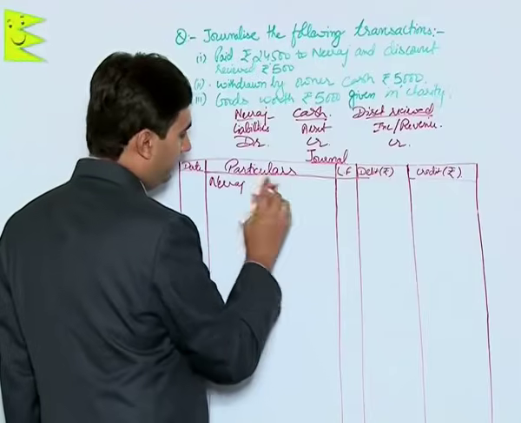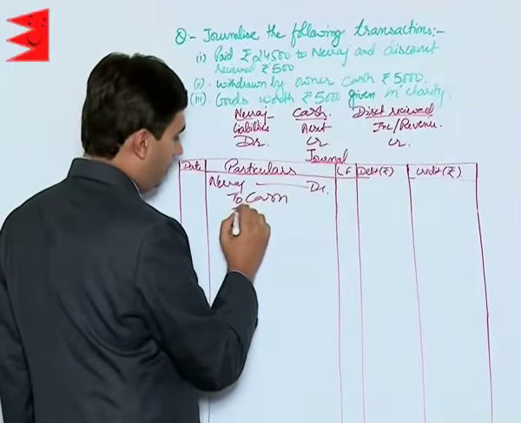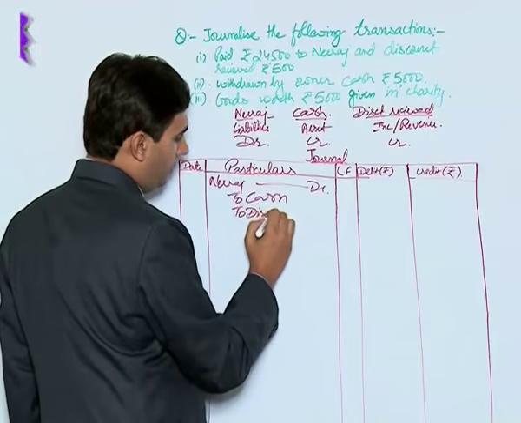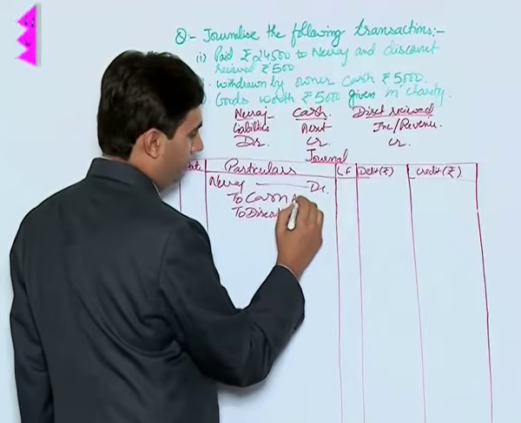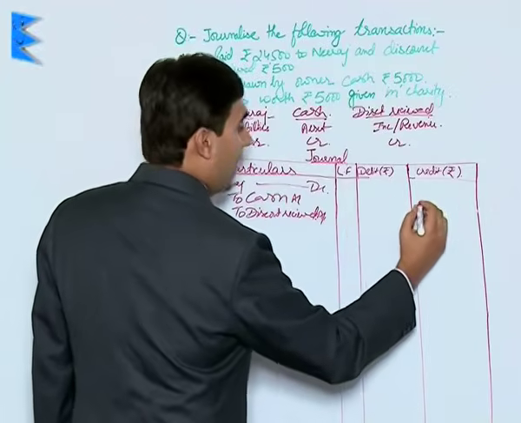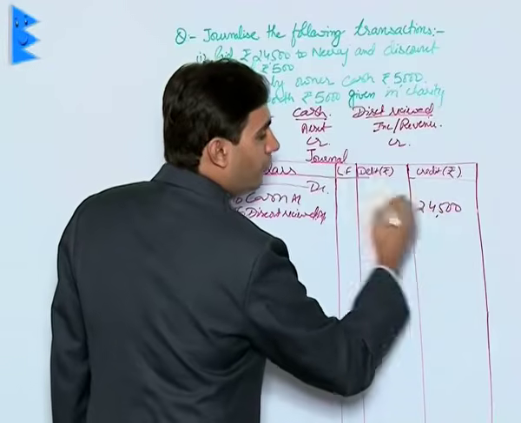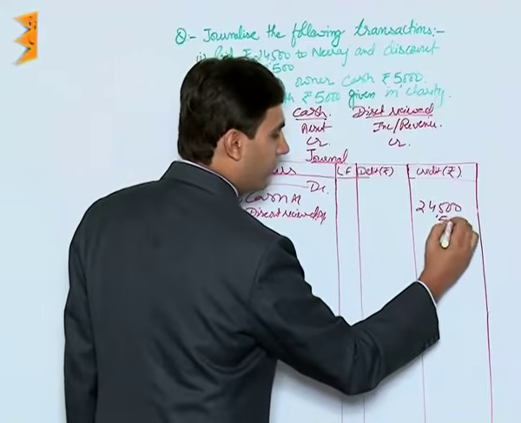Neeraj debited to cash, to discount received. Cash paid was 24,500 and discount received was 500.